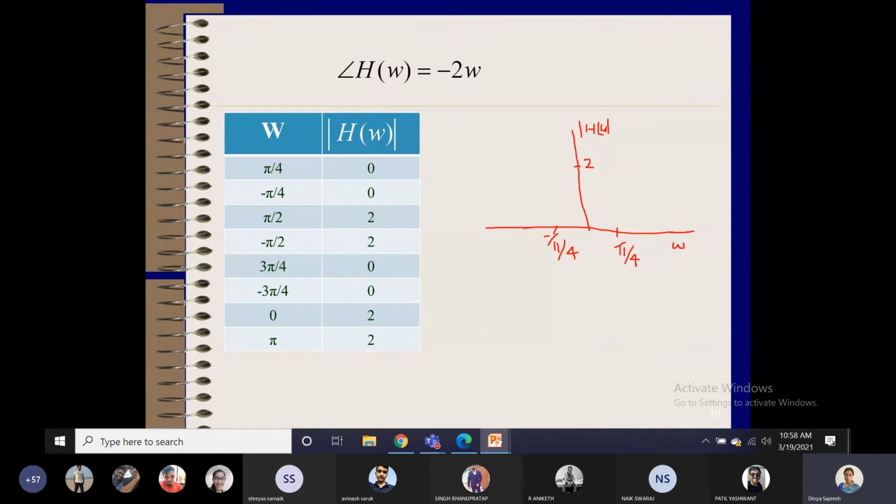At pi by 2 again, it is coming out to be 2. So somewhat like this.